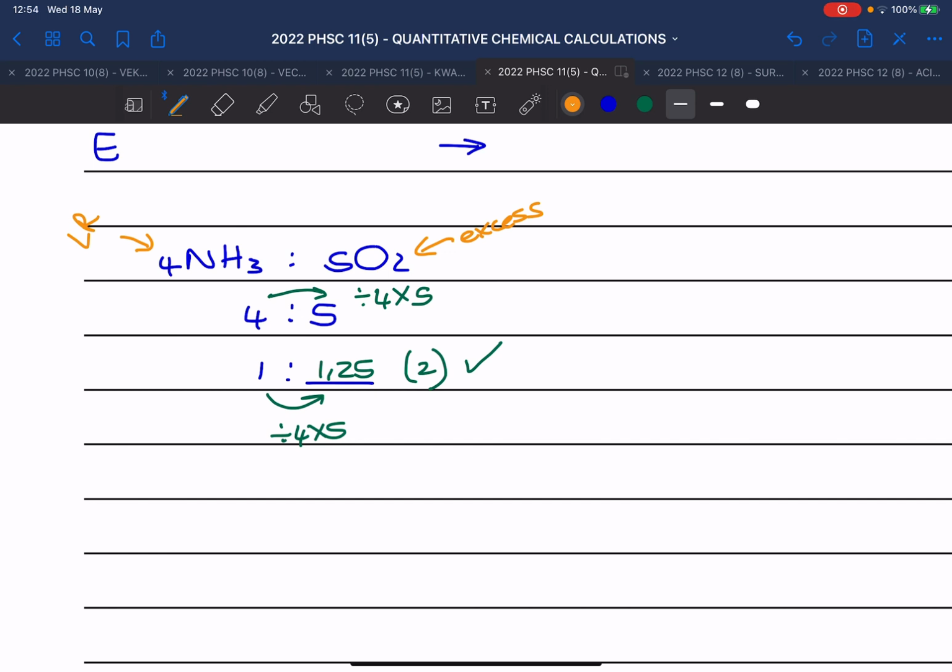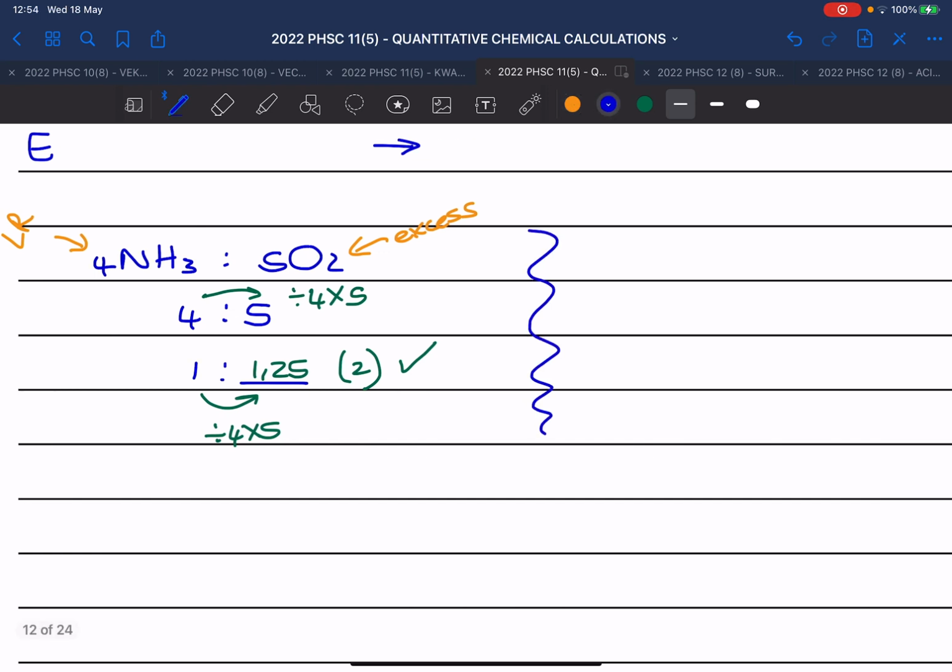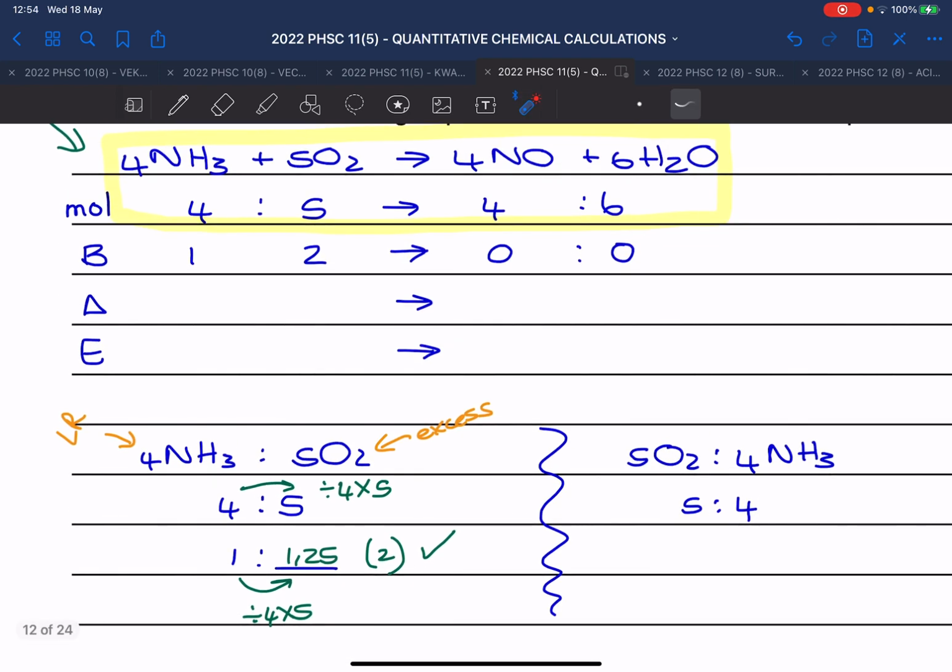Okay, I'm just going to show you. You can do it the other way around as well. You can swap them. You're going to say 5 oxygens versus 4 ammonia. So I'm just swapping them around. So it's 5 versus 4. But I don't have 5.